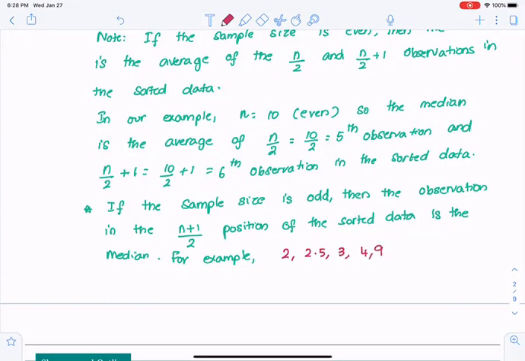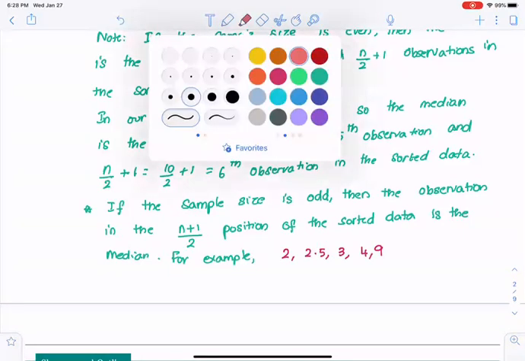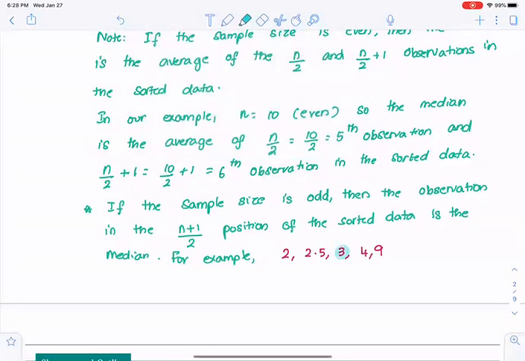The sample size there is 5. Clearly the median is the observation that splits this data exactly in half. So 3 is going to be the median, because if I select 3, 2 observations would be on the right of 3 and 2 would be on the left of 3. So the median is naturally 3.